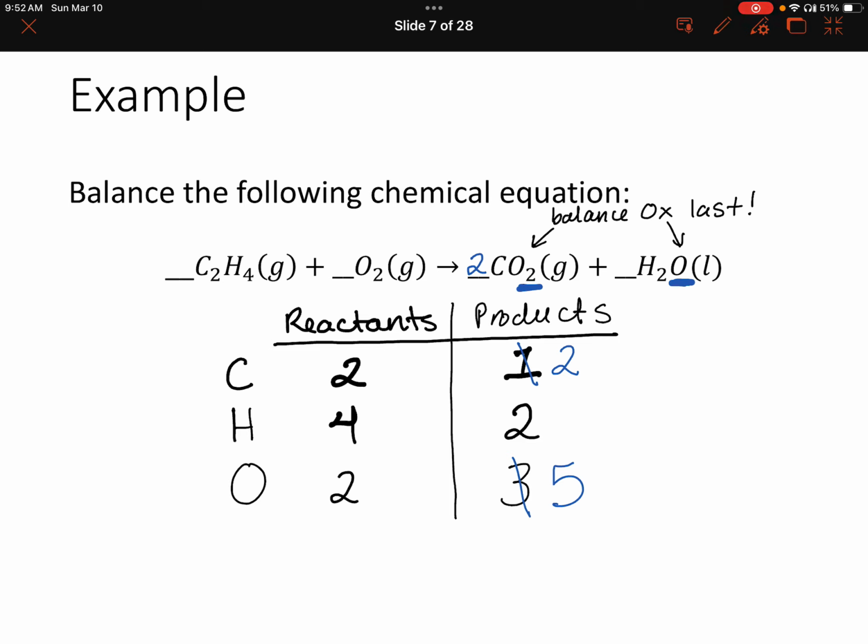Okay, so let's balance hydrogen next. So what do we need to do to balance hydrogen? Well, it looks like we need more hydrogens in the products, and we could just very easily multiply H2O by 2. So that will give us 4 hydrogens, but we're also changing the number of oxygens now as well.